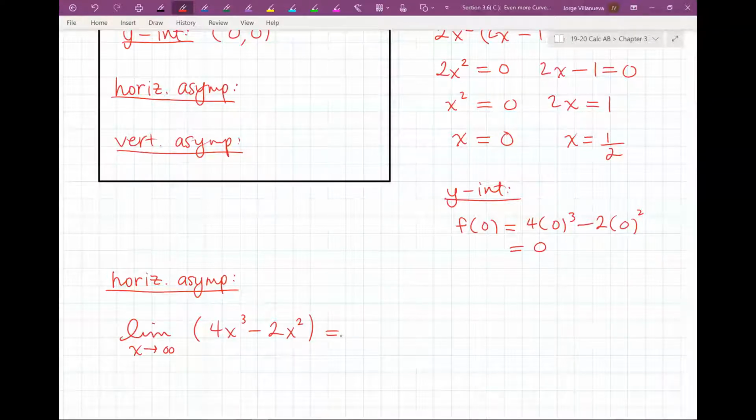You just plug in the infinity. With this one, you're going to notice that it's basically going to be undefined. This is going to become infinite. So there is no asymptote. There's none. Because 4x cubed is going to go to infinity real fast compared to x squared. So it's going to be undefined for us.